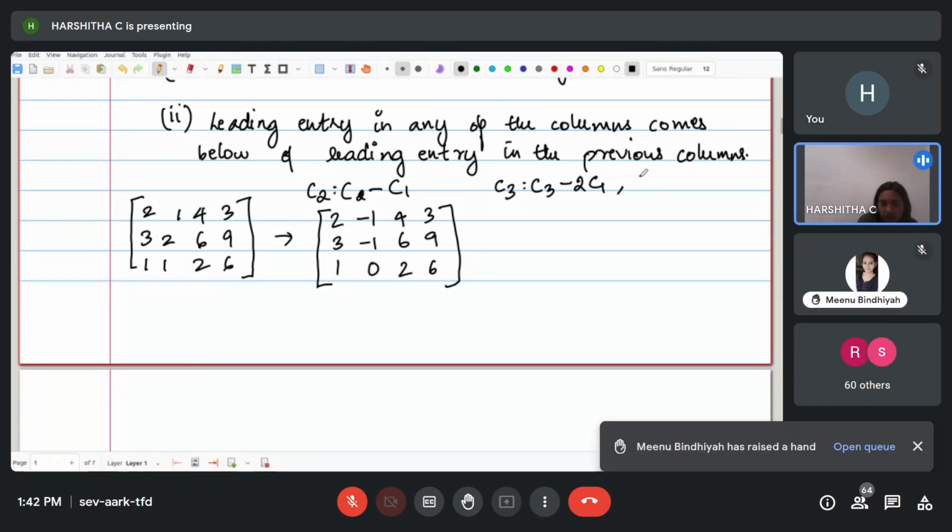Also, we'll do C4 minus 6 C1. 3, 1 minus 1 minus 1, 0. This becomes 0.